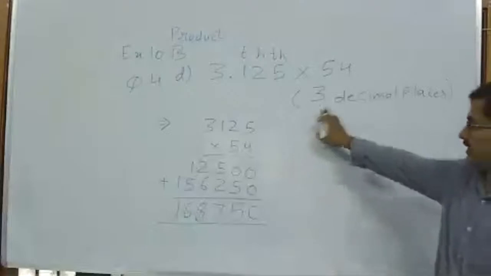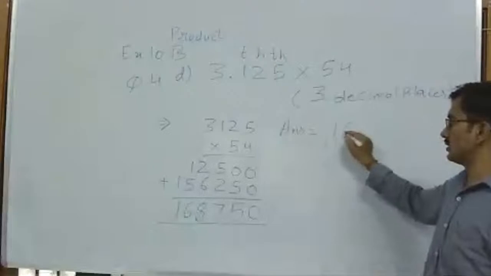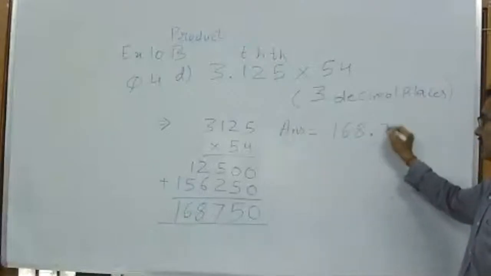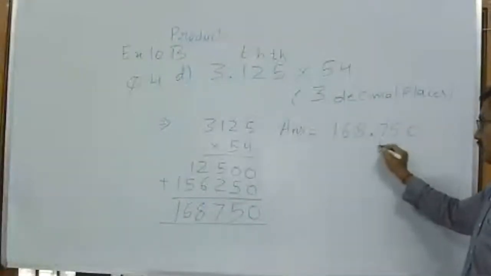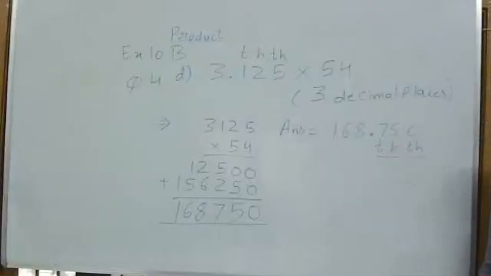We have 3 decimal places, so the answer will be 168.750. We have to write 3 places: 10, 100 and 1000. 3 decimal places in the question, so 3 decimal places in the answer.